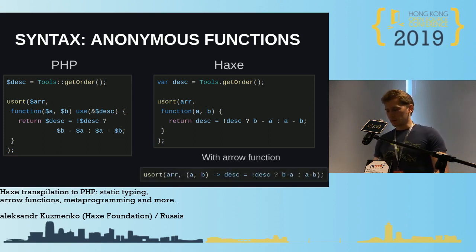And also Haxe 4 has an arrow function syntax, which PHP lacks at this moment. I know that in PHP 7.4 there will be something similar, but still you have to use a keyword before the arrow function. In Haxe, I think the arrow function looks better than the proposed syntax for PHP.